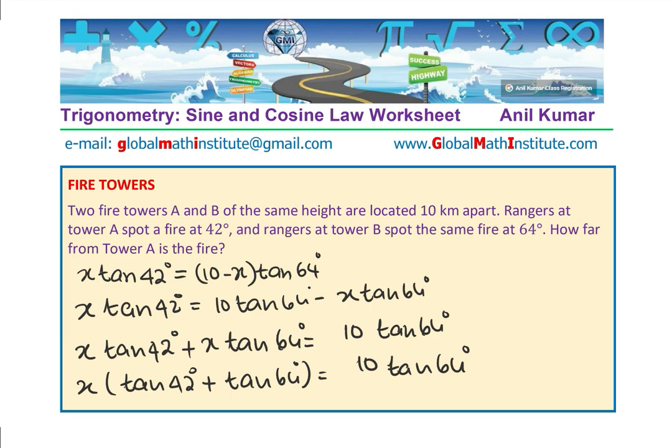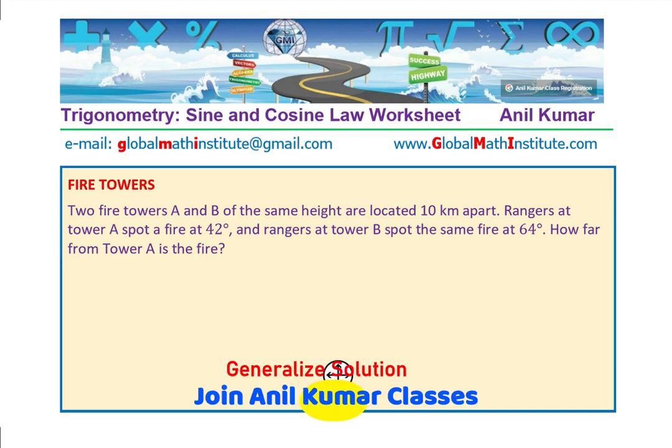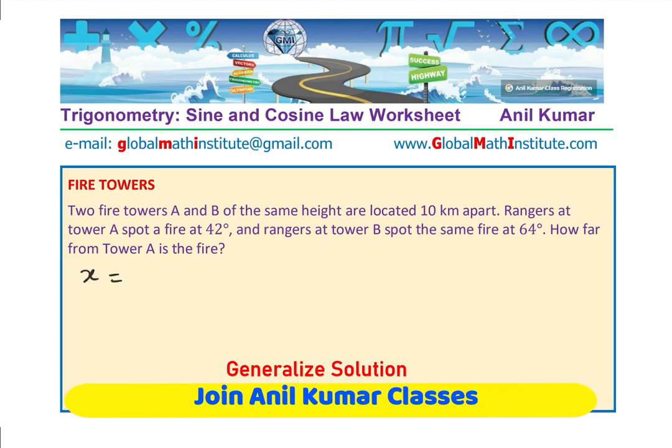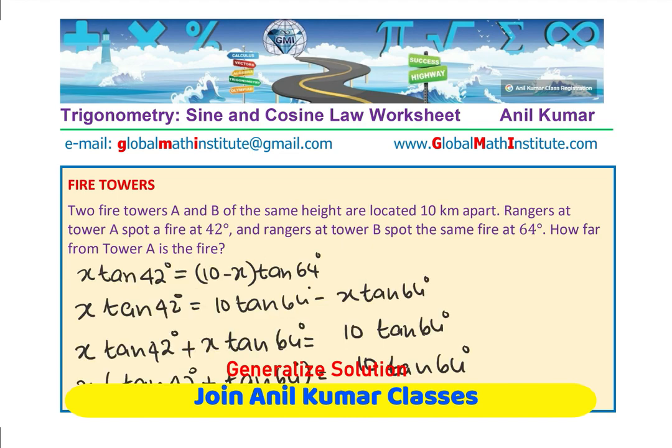So now from here, you can write what x is. 10 times tan 64 divided by the sum of these two, right? You get the idea. So let's rewrite our expression. And we say x is equals to 10 times tan of 64 degrees divided by tan 42 plus tan 64 degrees, right?